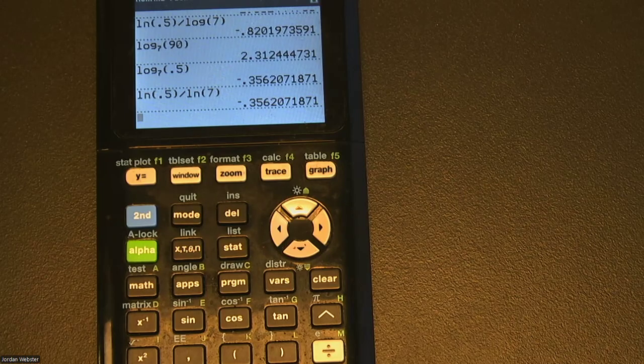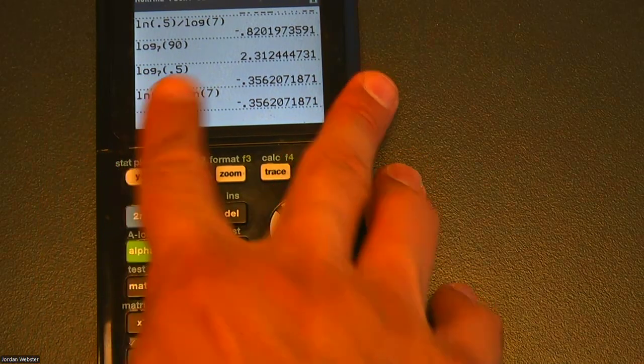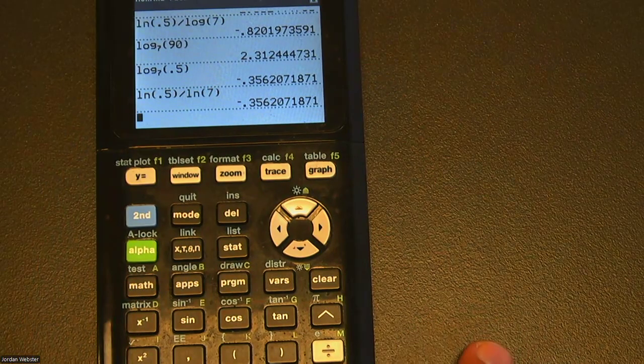So you can either use the change of base formula, or you can use the log base in the math menu on the TI-84. Make sense? Either of those is fine if you have to calculate something and get an approximate value.